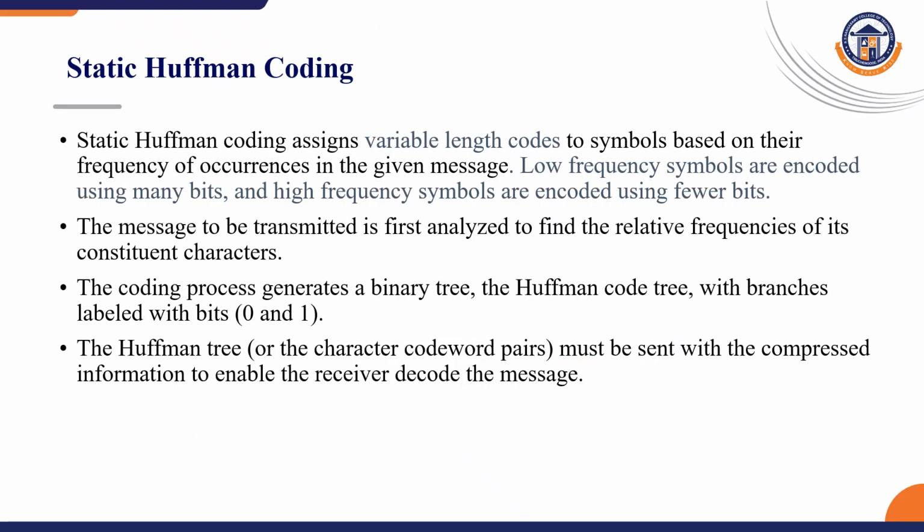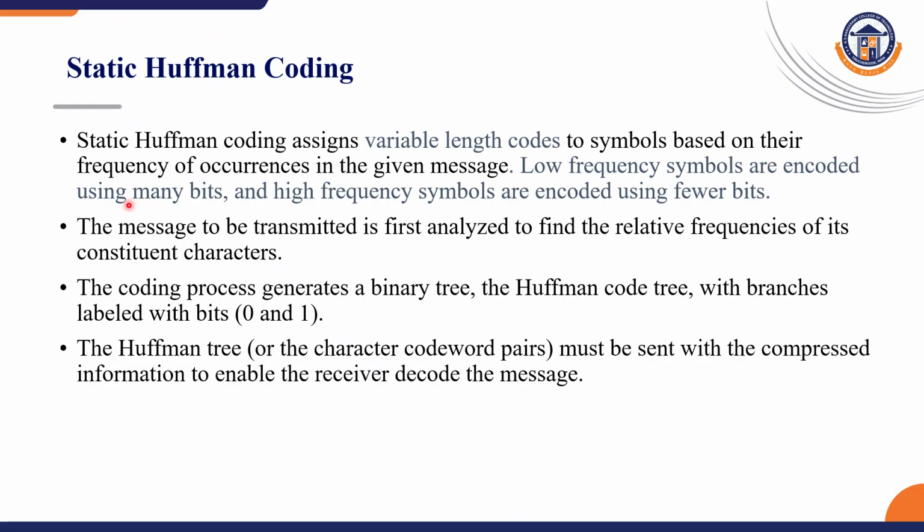Now Huffman coding. Huffman coding assigns variable length codes to symbols based on their frequencies of occurrence in the image. So the low frequency symbols are encoded using many bits, and high frequency symbols are encoded using fewer bits. This is the main concept.